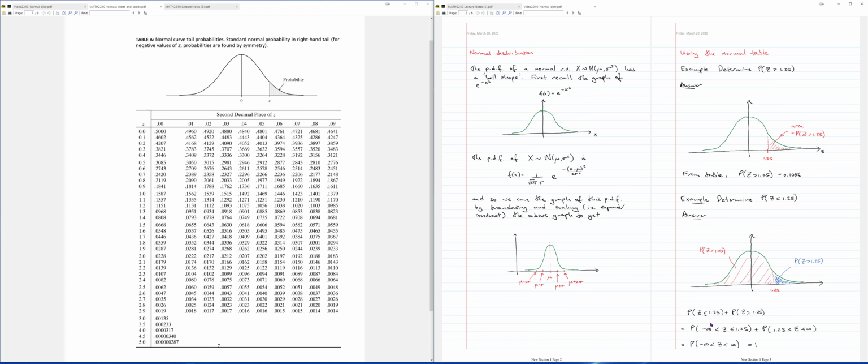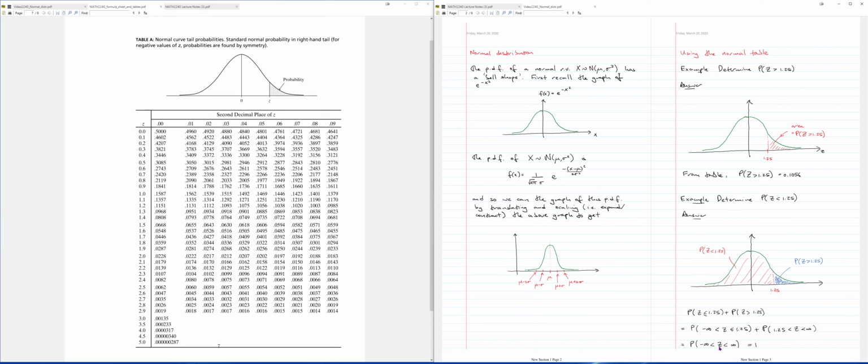I can write it like this if you want. z less than or equal to 1.25 is between minus infinity and 1.25, and z bigger than 1.25 is between 1.25 and infinity. You could merge the endpoints since they match, and when you add these probabilities you get the probability from minus infinity to infinity.